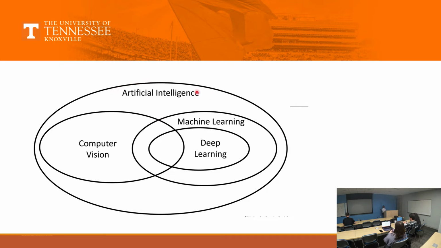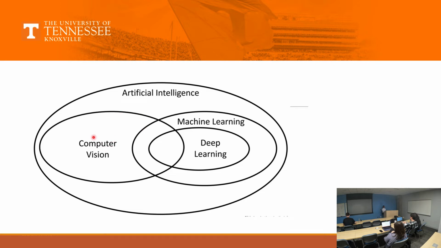Under artificial intelligence come two things: computer vision and machine learning. Computer vision, as I told you, is a subunit under artificial intelligence, and it is also doing a lot of other programming things than your deep learning and machine learning.